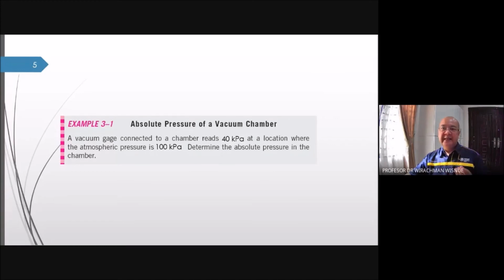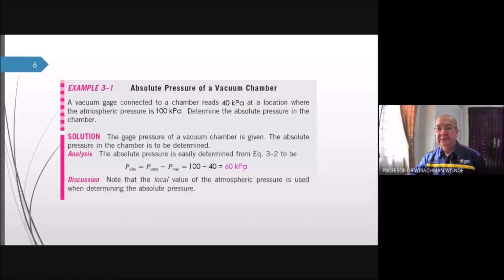And we said that there is a vacuum gauge 40 kilopascal in a chamber. So it means the pressure inside that chamber is 40 kilopascal below the atmospheric pressure, which means the absolute pressure in the chamber will be 60, because 60 is 40 lower than 100. The explanation is here.